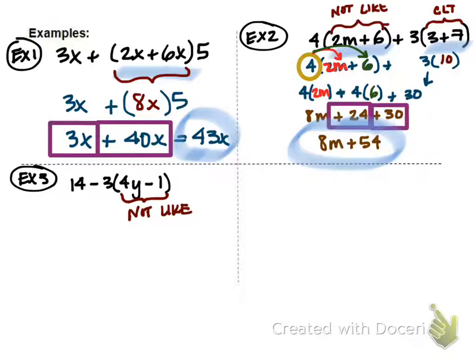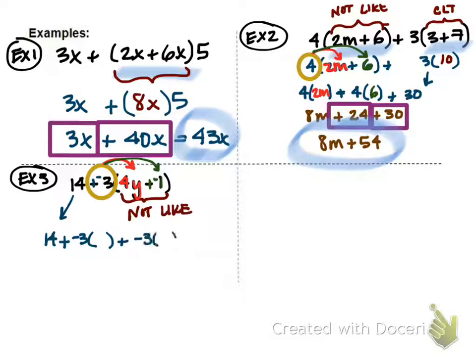But the trick here is I'm not going to distribute the 3. I'm actually going to distribute the -3. And everywhere I see subtraction, I'm going to want to make it adding the opposite. So really, I'm going to take this -3 and multiply by the 4y, and the -3 and multiply by a -1.